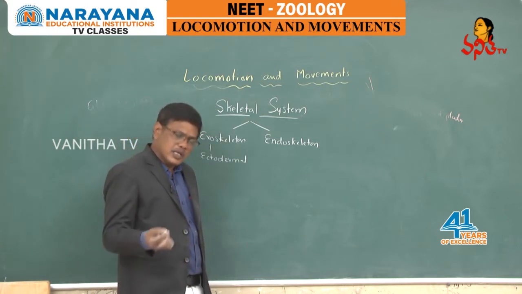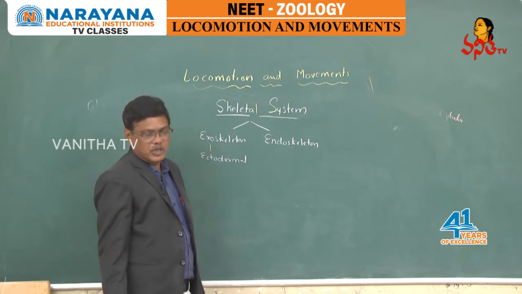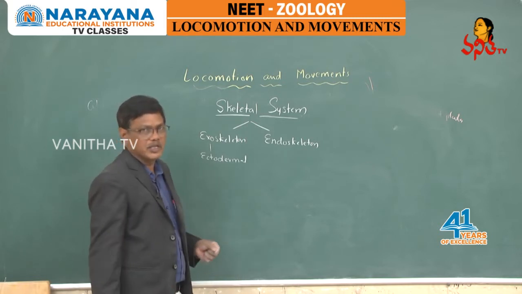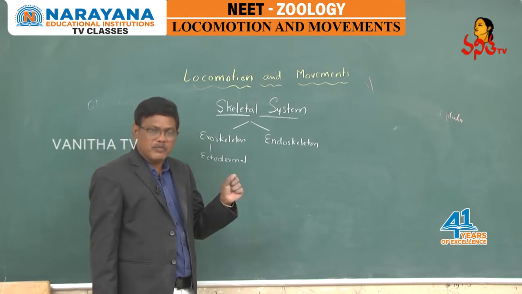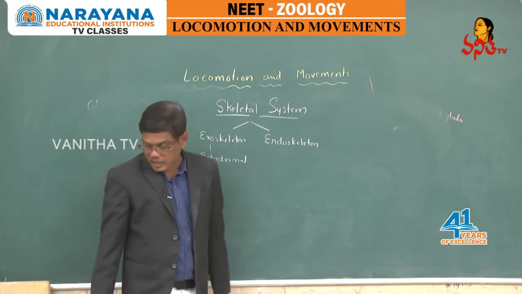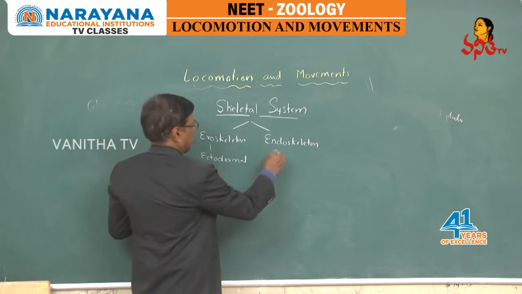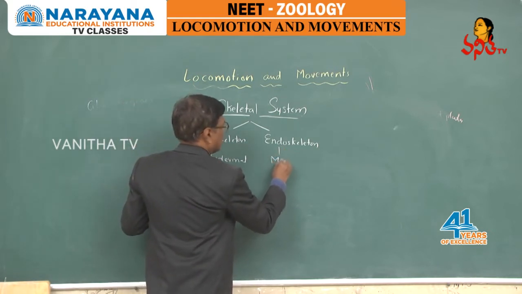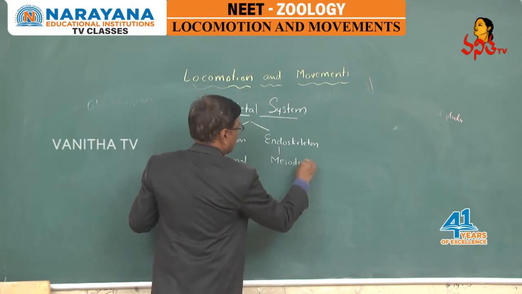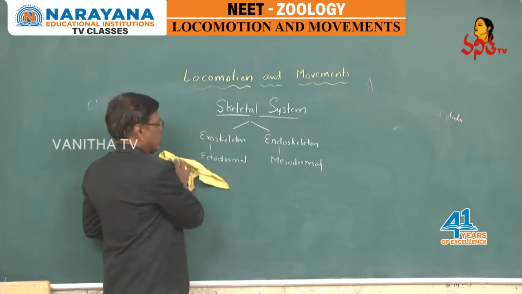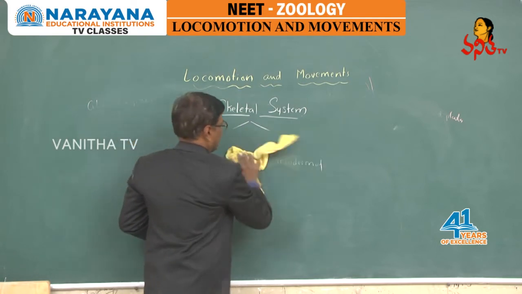The endoskeleton in the majority of organisms, and in humans too, is mostly made up of bones and also partly cartilages. Both are types of connective tissues, and that's why the endoskeleton is mesodermal in origin.